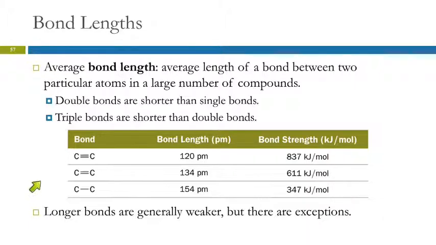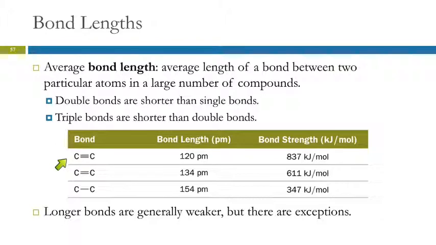So here comparing these three different bonds for carbon and carbon, single, double, and triple. We see that the triple is the shortest in length, the single is the longest, the triple bond is the strongest, and the single is the weakest, which makes sense.